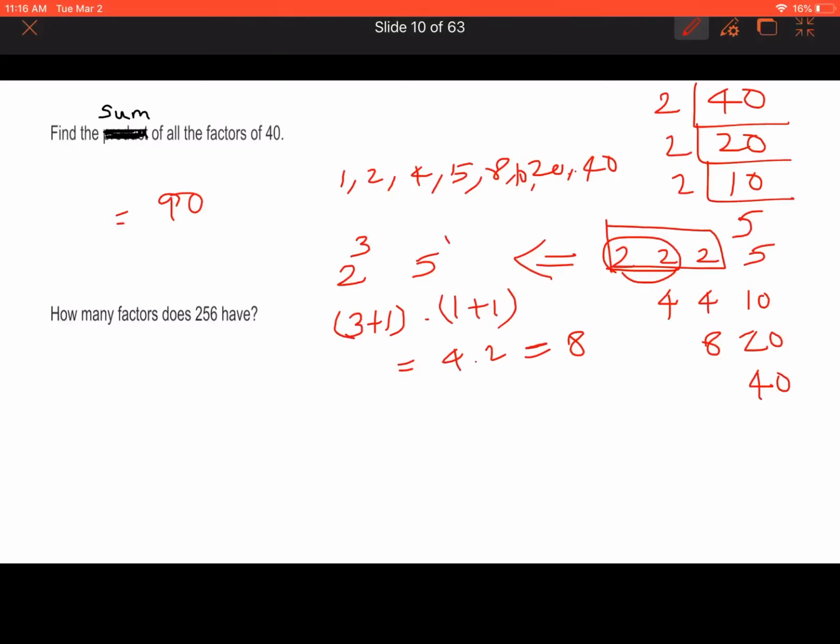This is the quickest method to check how many factors there are, and whether we have written all the factors. So what we have to do is take the prime factors, take only the power alone, and add 1 to each of them.